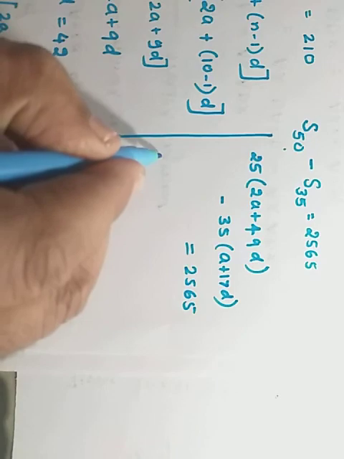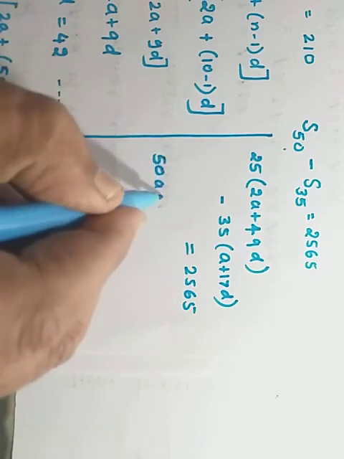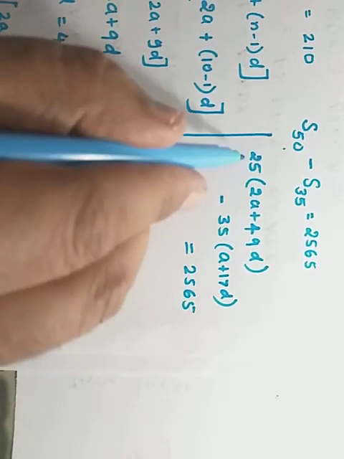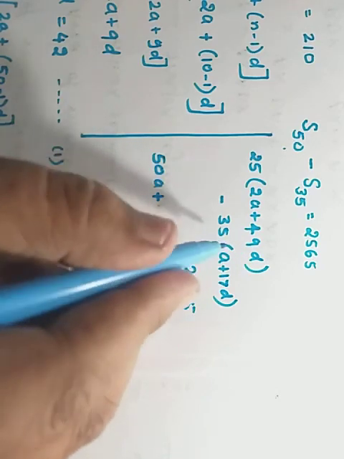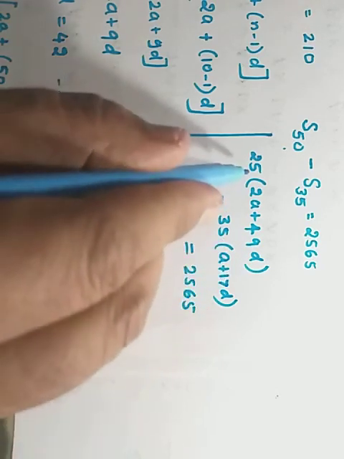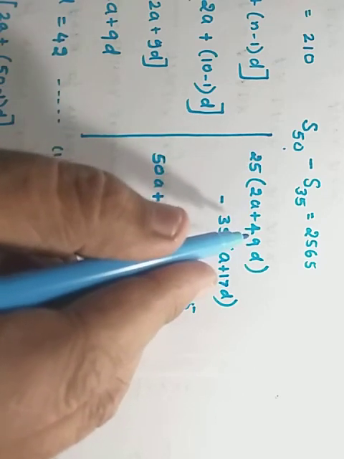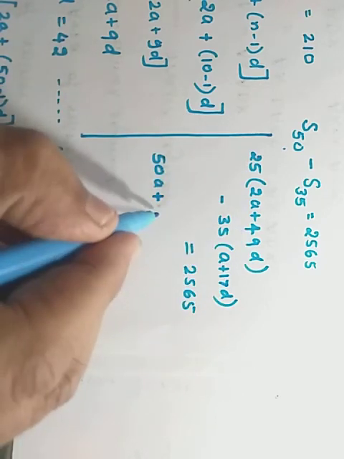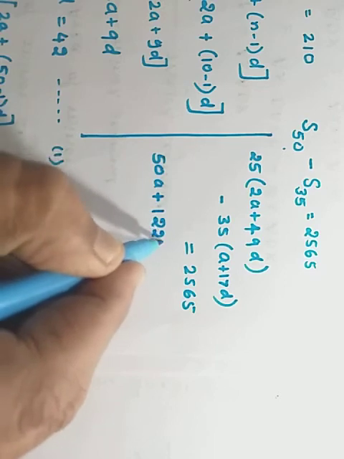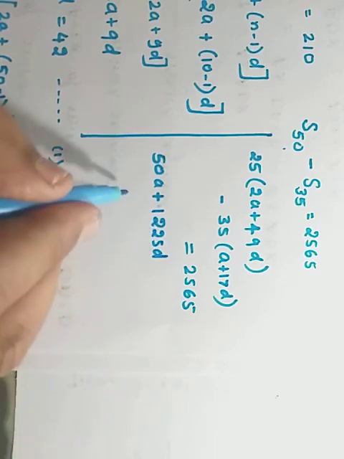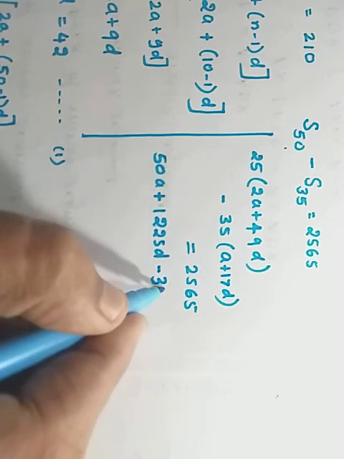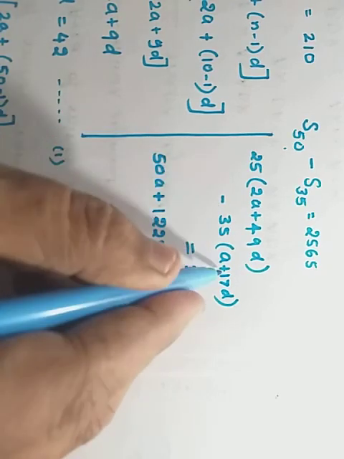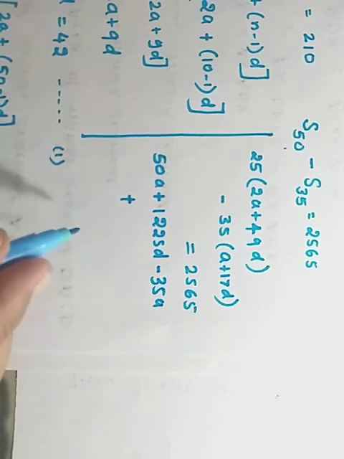25 twos are 50a, plus 25 into 49, which becomes 1225d, minus 35a, minus into plus is minus.